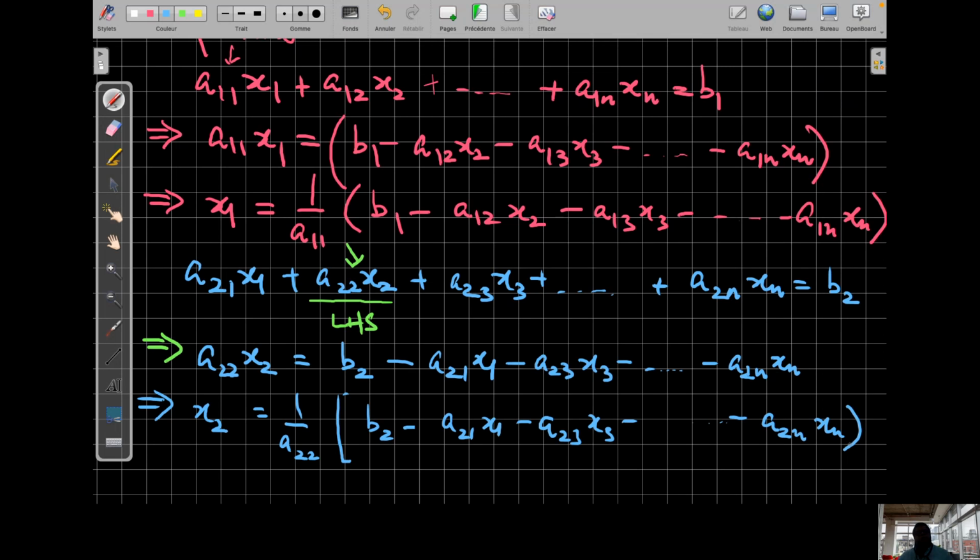All right, so this is what I have found for A22. Now please see that for this particular x2, I have the x1 element, the x2 element is missing, and the remaining ones.